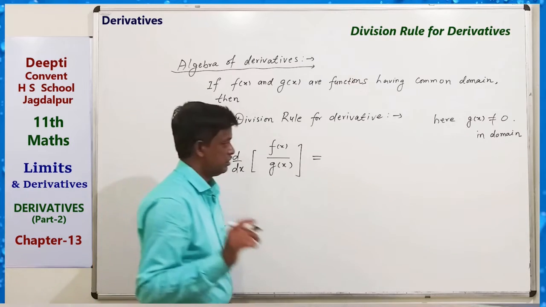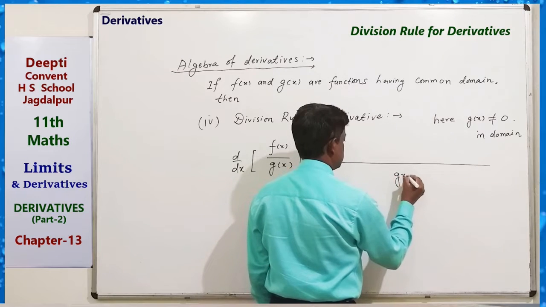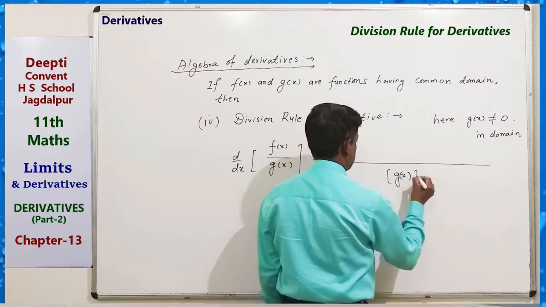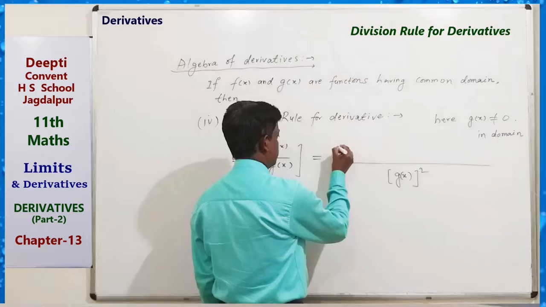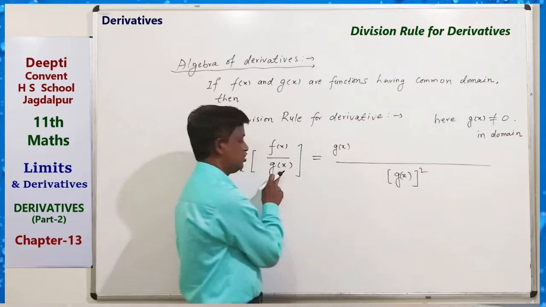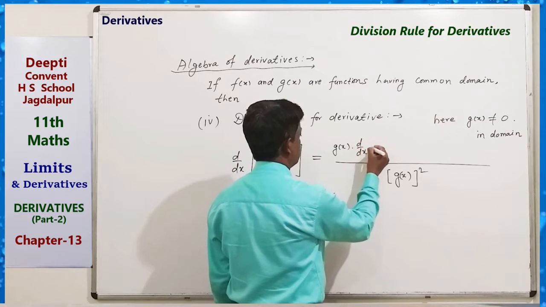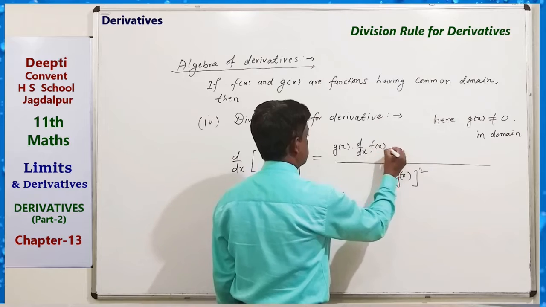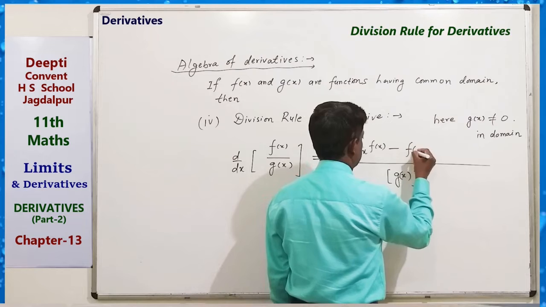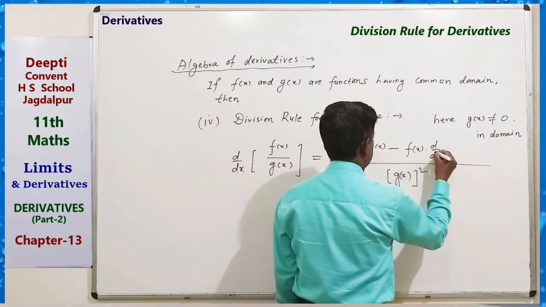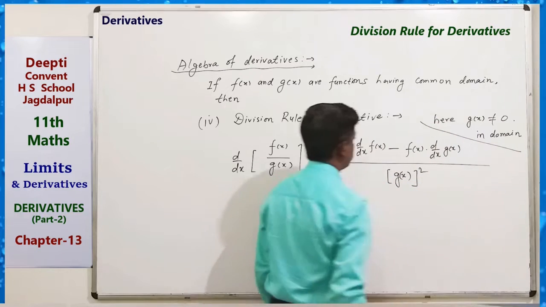The formula is this, just note it down, a very, very important formula: denominator square, that is g(x) square, in the denominator. Then g(x) is the denominator and f(x) is the numerator: g(x) into the derivative of the numerator f(x), minus, just in reverse, f(x) dy/dx g(x). Okay, so this is the formula.